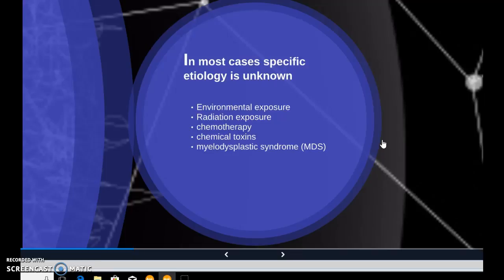Many of these cases of AML have been preceded by myelodysplastic syndrome, and it's also associated with chromosome abnormalities. Also, some things to keep in mind, there is increased risk in adults who are exposed to cigarette smoke. Any ionizing radiation also increases the risk.